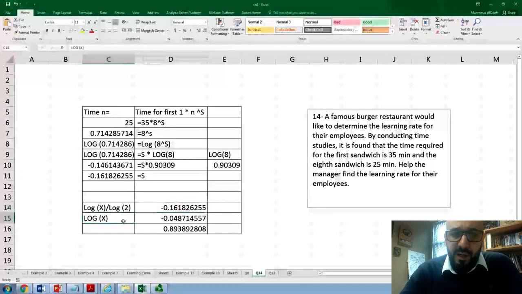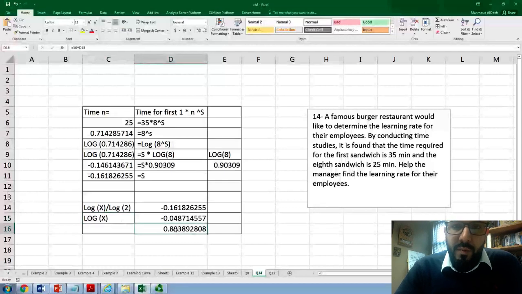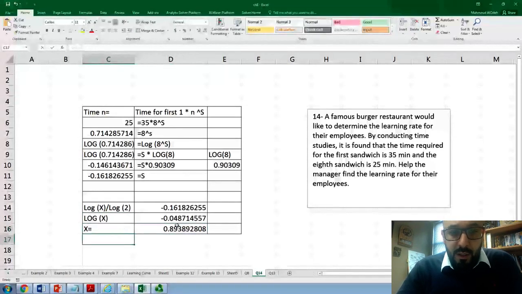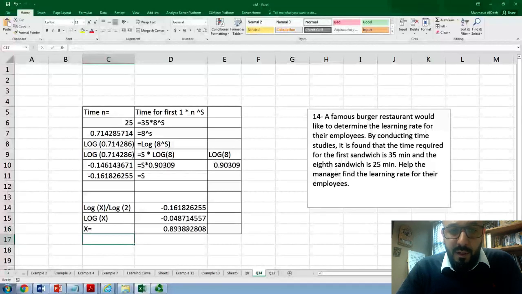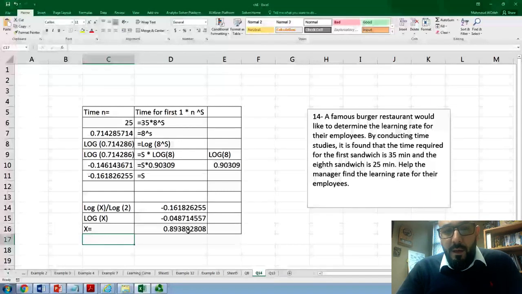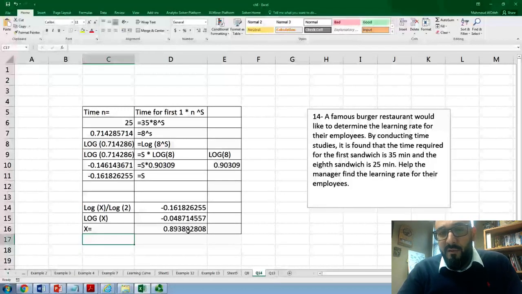In order to find log x, you need to do the 10. So x equals 10 to the power of negative 0.048, and that would give you a learning curve of 89.3%, or a learning curve of 89%.